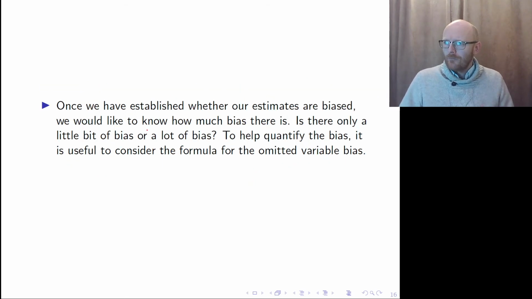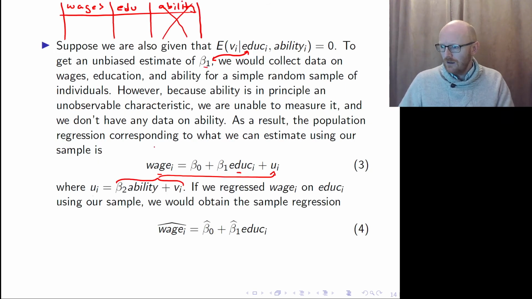So once we have established whether or not our estimates are biased, and remember, we can't observe this, here the sample regression line is going through the data, right?